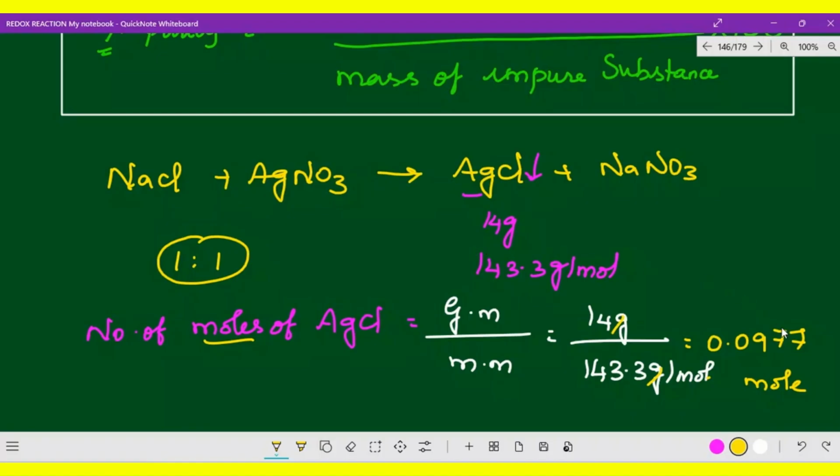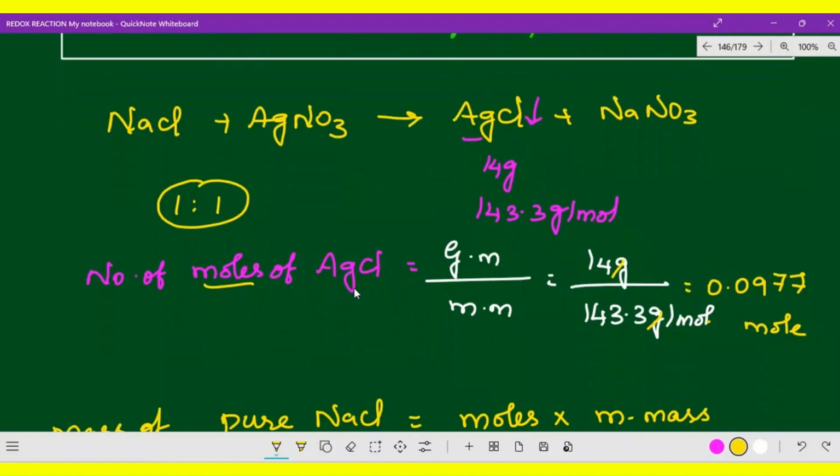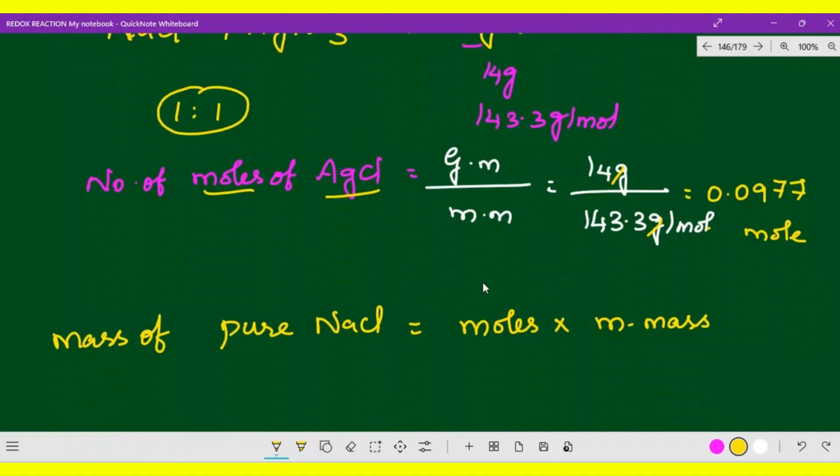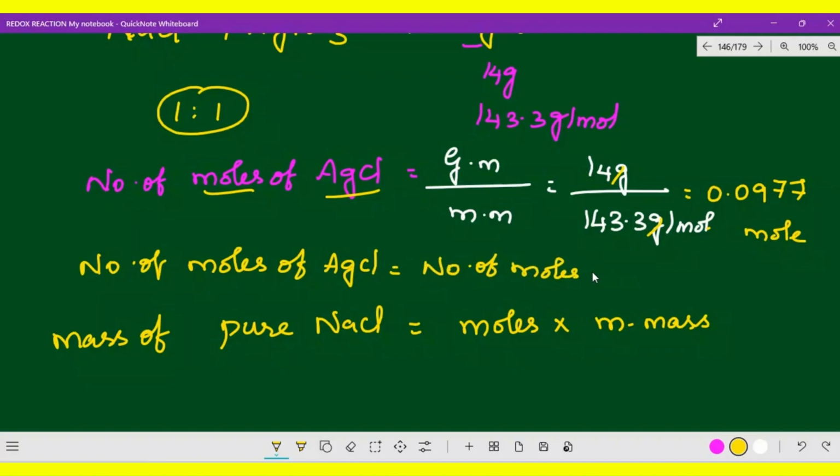So the number of moles of AgCl is equal to the number of moles of NaCl. I hope you got that idea.